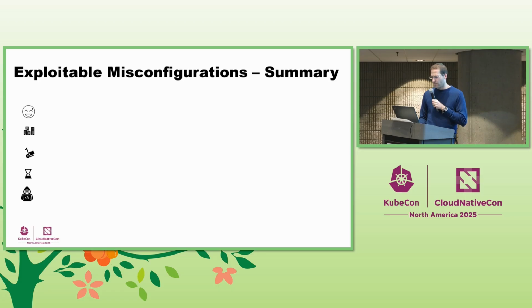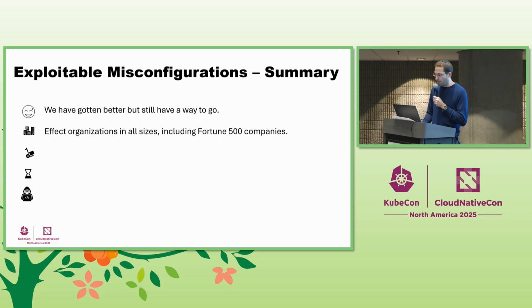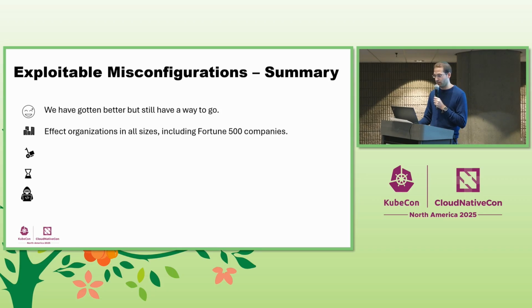OK, so let's start to wrap up what we have seen today. First, while cloud-native security has definitely improved over the years, we can still find quite many issues, including in popular applications. Second, what we see in real-world data is that this issue affects organizations of all sizes, from small companies to large enterprises.